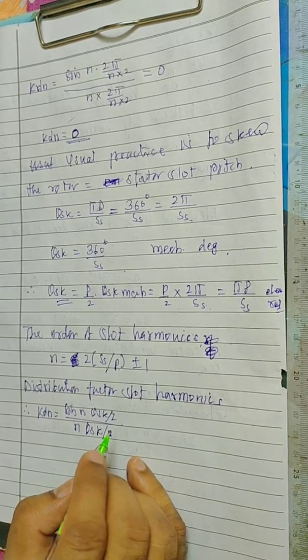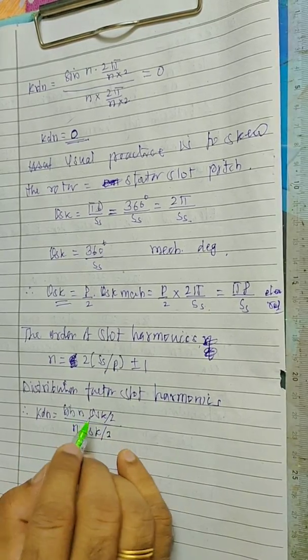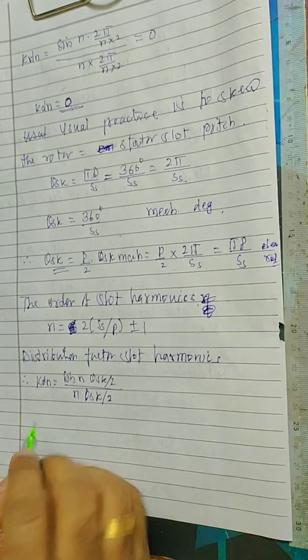So substitute n and theta sk in this formula.